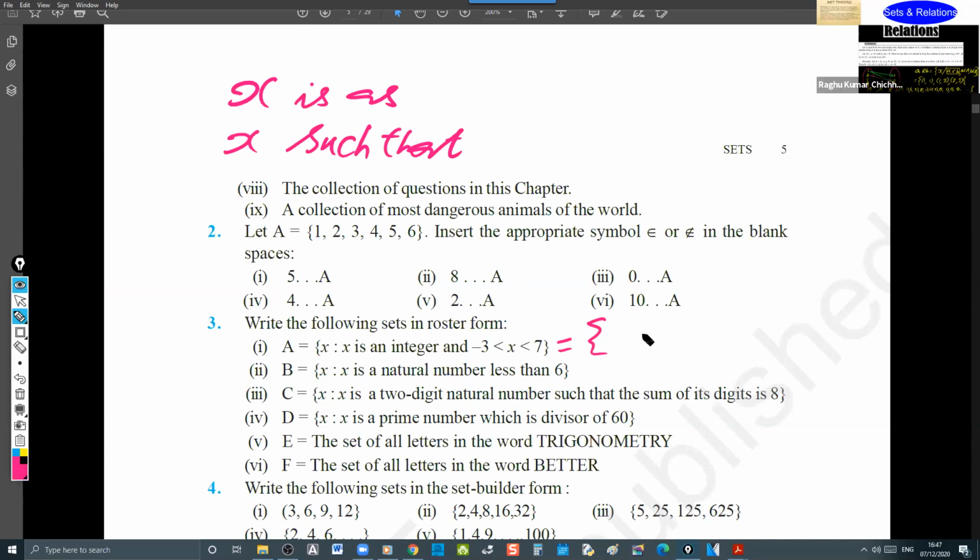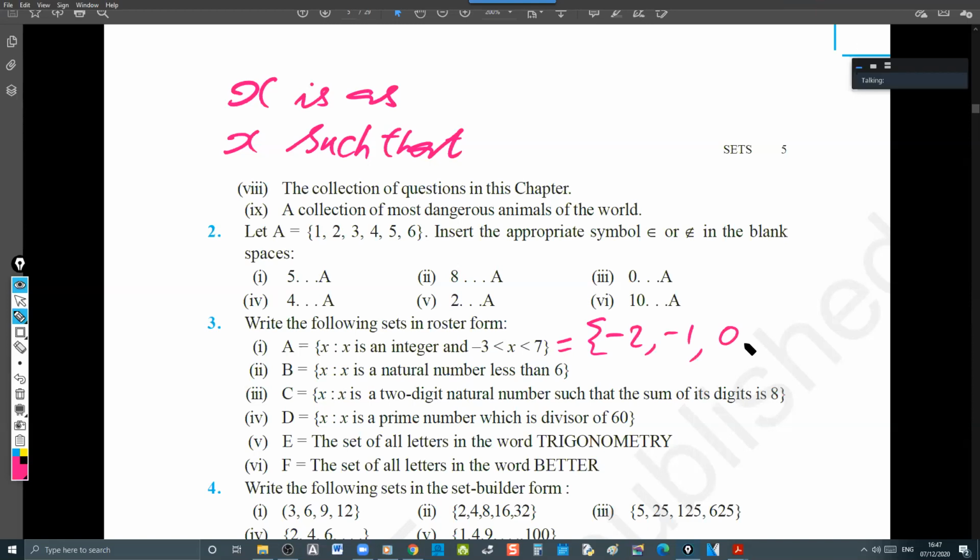Now you have to write it in the roster form, that is the listing method. Come on, list out all the integers between this. X equal to minus 2, minus 1, 0, 1, 2, 3, 4, 5, and 6. That's it.